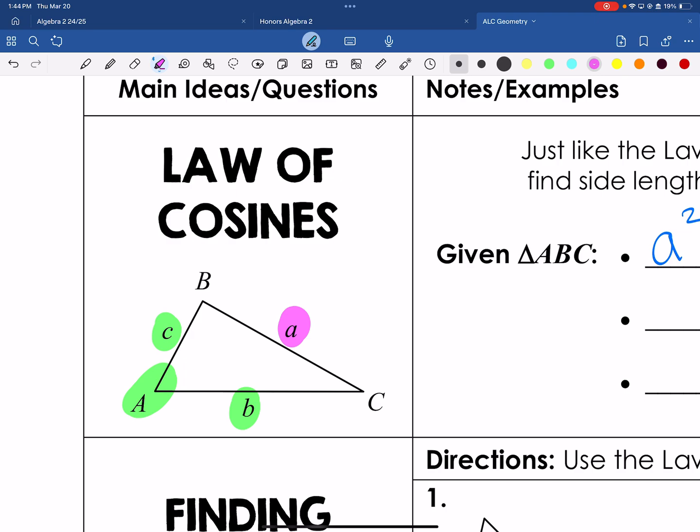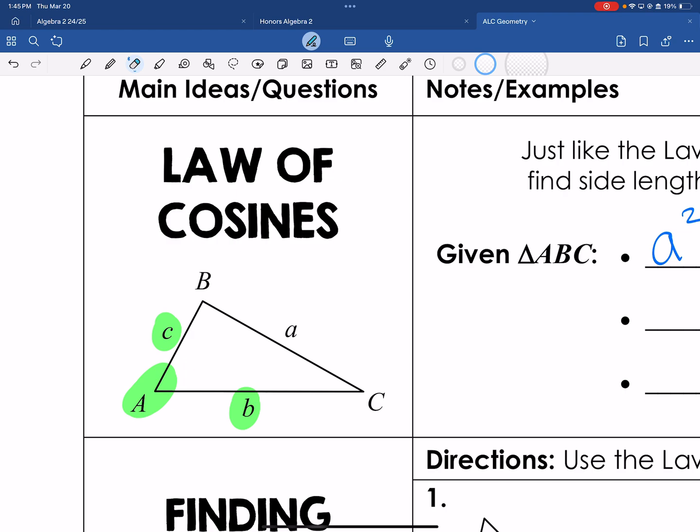So in your notes, you should have the law of cosines in there right now. You should have the drawing of triangle ABC with capital letters for your angles, and then label these as well. But then what I want you to highlight or circle in your notes is where I have the green.